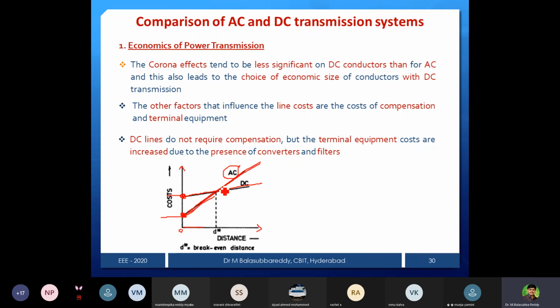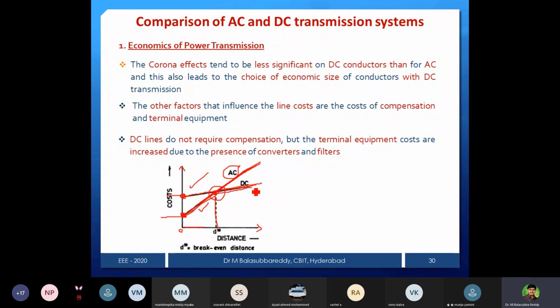But at some point of intersection of AC and DC, you can see that below this intersecting point, DC transmission is costlier than AC transmission. But after the intersection, meaning the break even distance, what is the observation? AC transmission cost is higher than DC transmission cost.